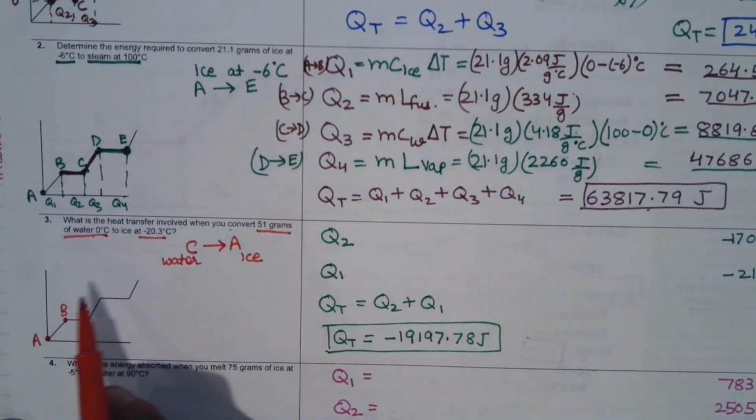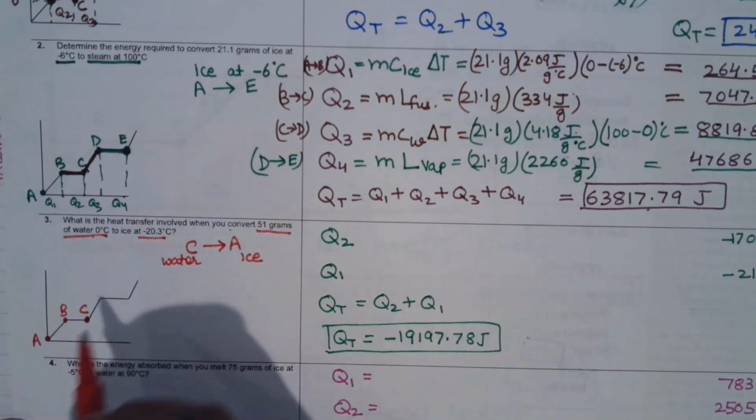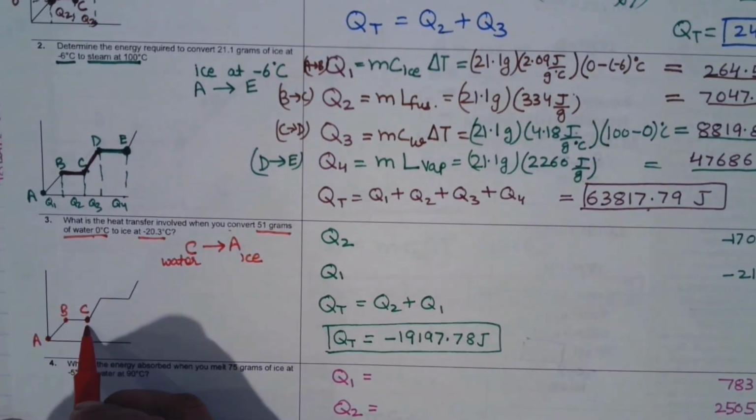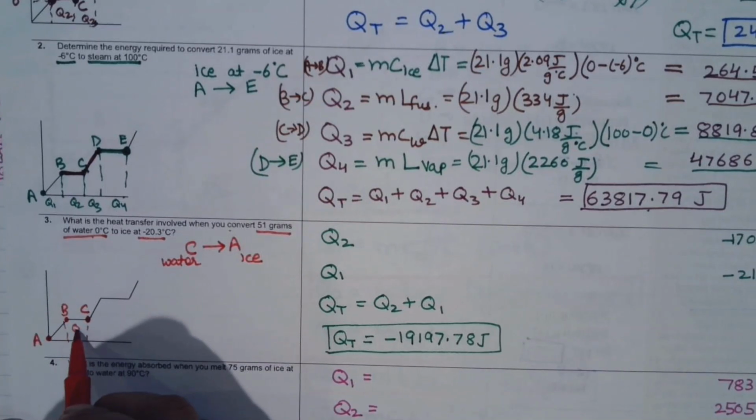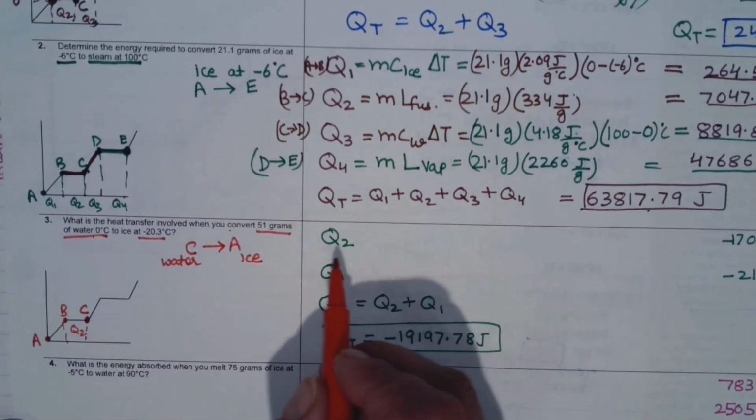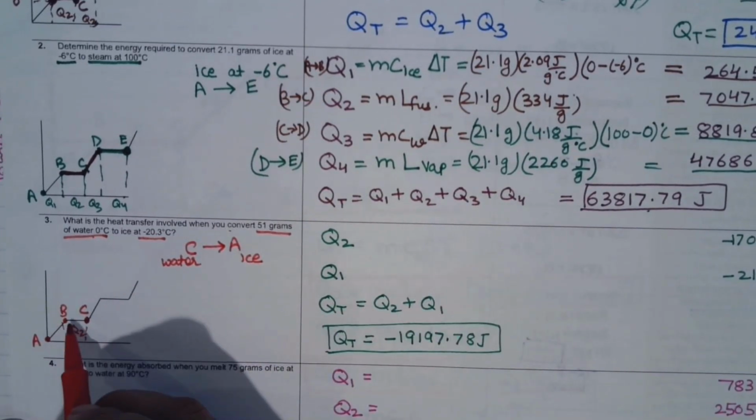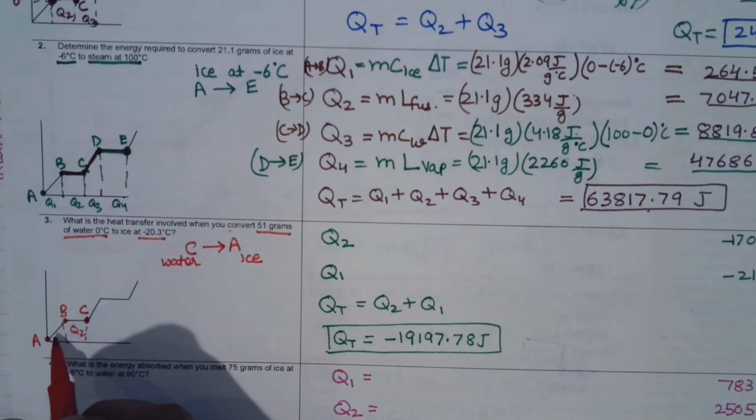Right? So how do we go from here to here? Remember, C to B is Q2, and B to A is Q1.